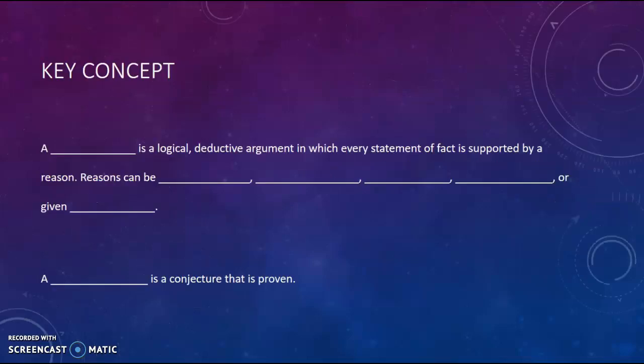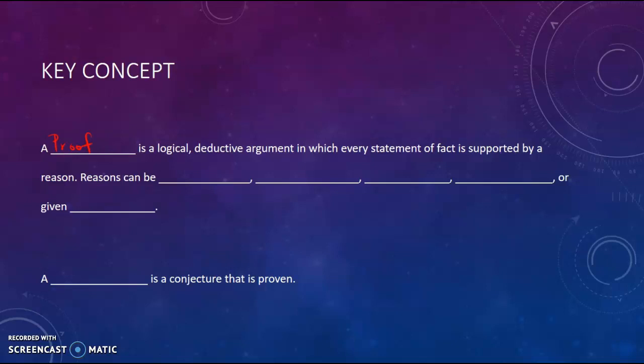All right, so our key concept is that a proof is a logical deductive argument in which every statement of fact is supported by a reason. So, if you're like, well, when will we ever use these again? First off, geometry. Throughout geometry.